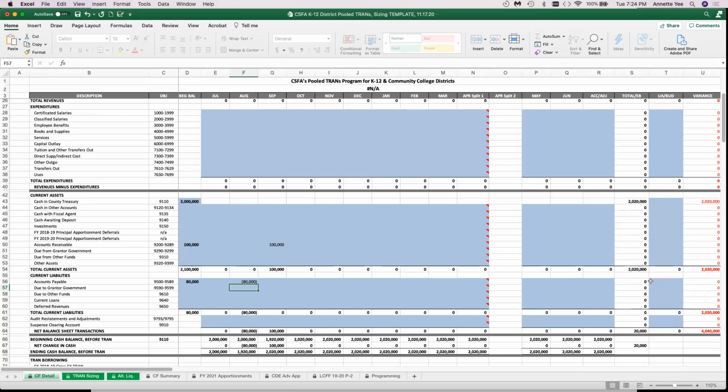Because we can pretend if we were running a business, right, Annette, if this was your business and somebody was going to give you $100,000 and you're counting on that for payroll, you might not be able to make your payroll if you don't receive that. And the same thing with the government entity.